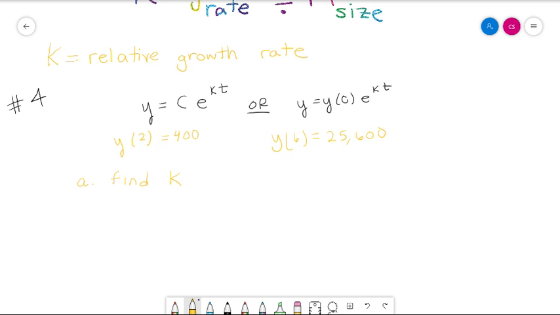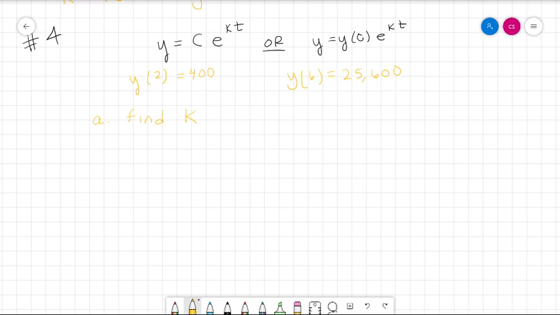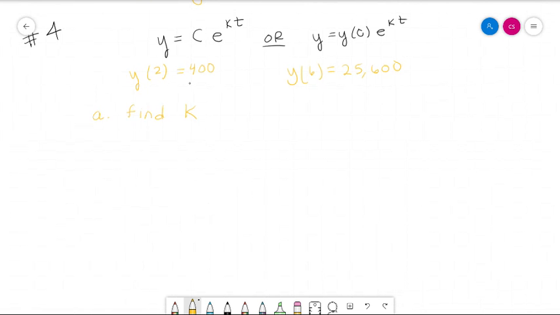Okay, so this is really a systems of equations, right? We have 2 equations and we have 2 unknowns. So again, we're going to handle this like a systems of equations. So let's write this out. This is going to be the structure of the model because it's an exponential function, exponential growth.